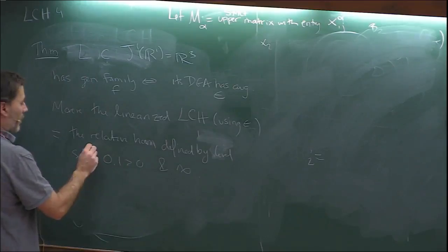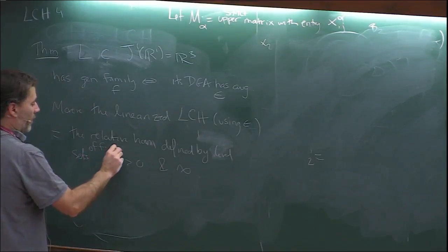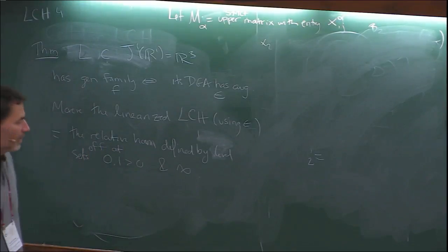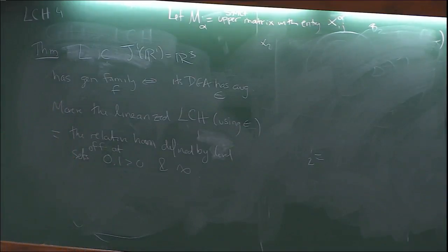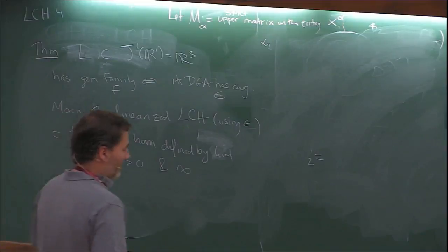Level sets of F at that. So I'm definitely not being totally truthful here because I have to do one more thing to the function. But roughly that's the case.